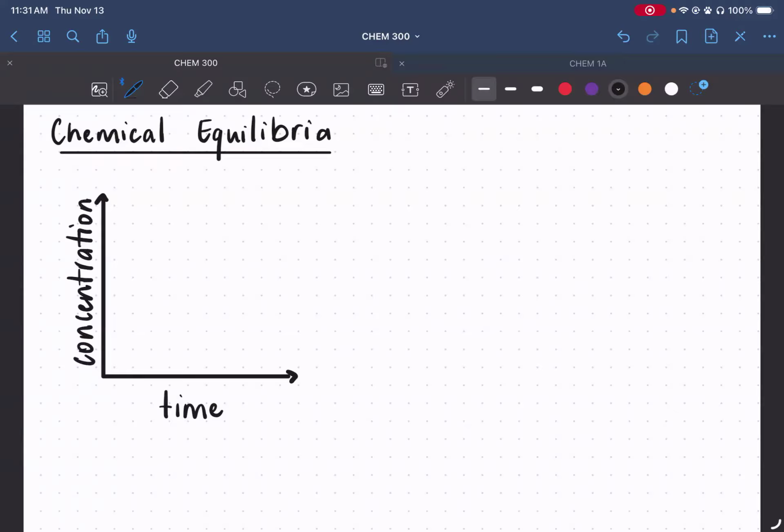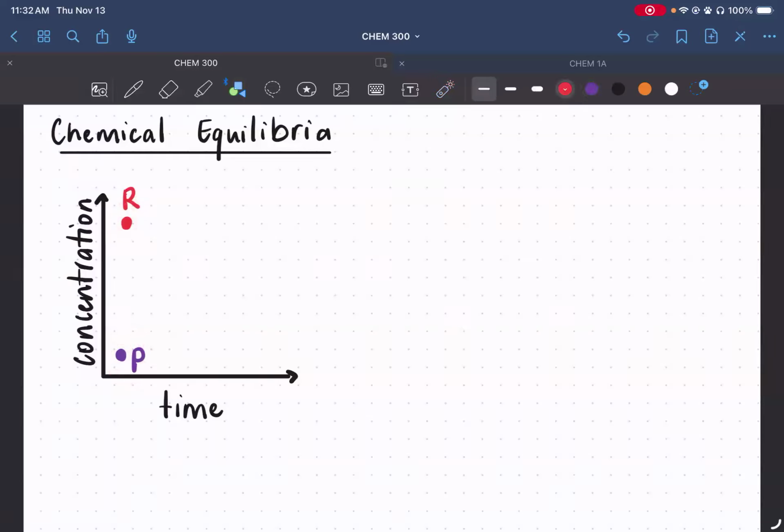If you recall, what I had told you last week was at the very start of the reaction, we expect high amounts of reactants. At the very start of the reaction, we expect very low amounts of product. Of course, at the very split second that it starts, we expect there to be zero product, but we're drawing it on the graph like this just to get the point across.